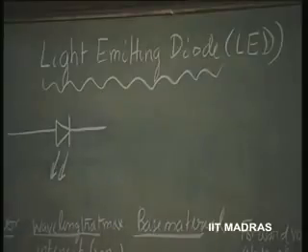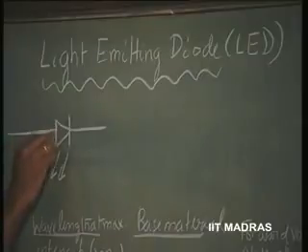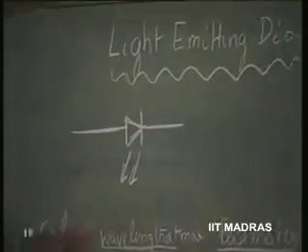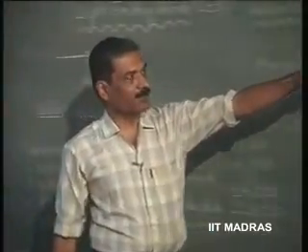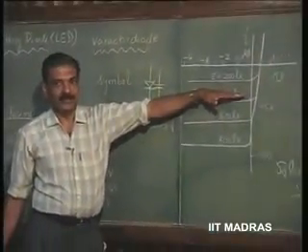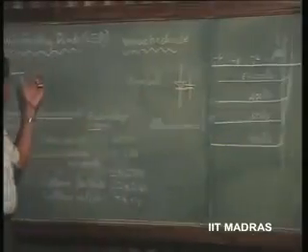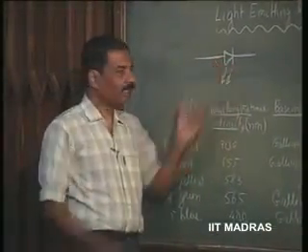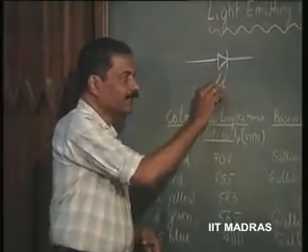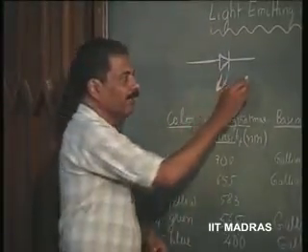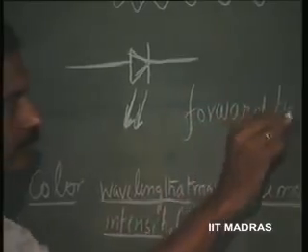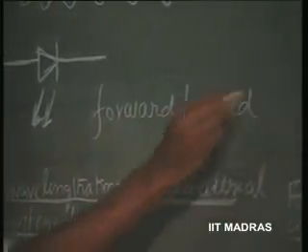So, the symbol is... when this is forward biased, this junction, see, remember that there this is the reverse bias saturation current which is controlled. Here this junction, when it is forward biased, under forward bias condition this emits light. It is important.